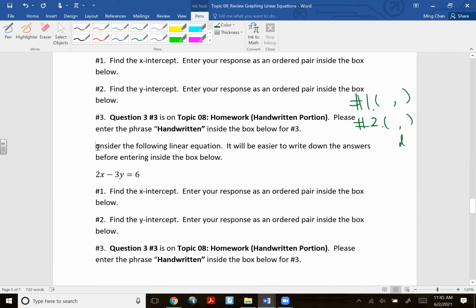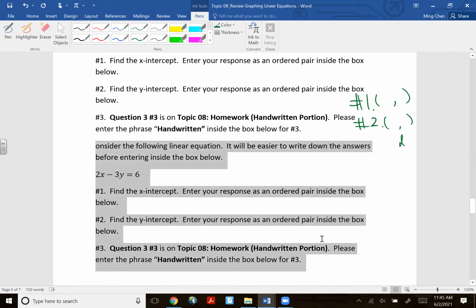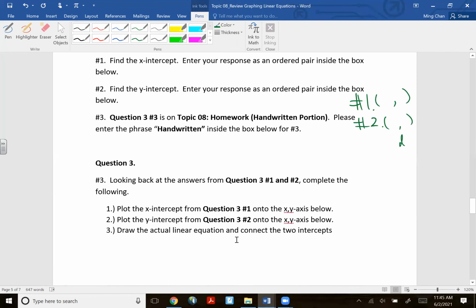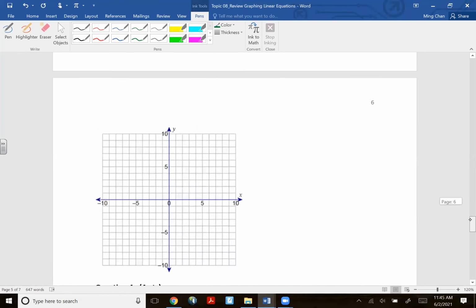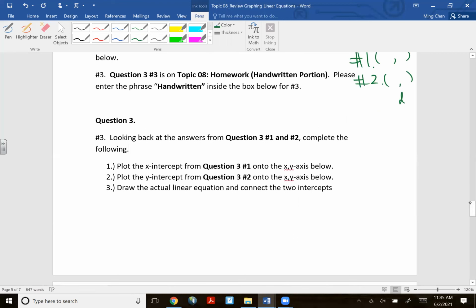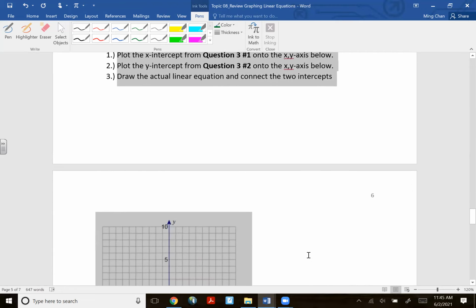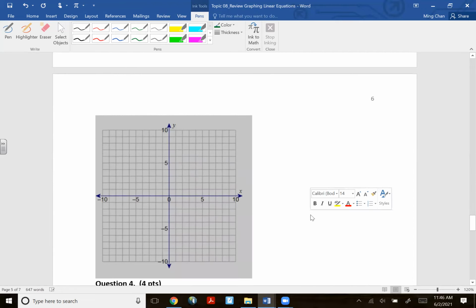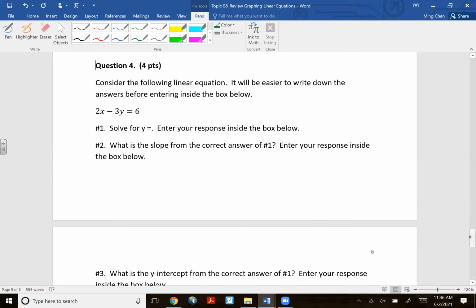Delete that. I can't believe I copied down question number 3 twice. I hope I didn't do question number 3 twice on the homework. If I did, I'll make sure there's just one question 3.